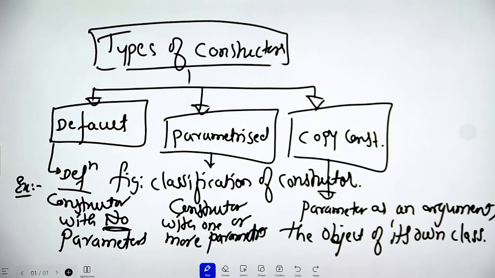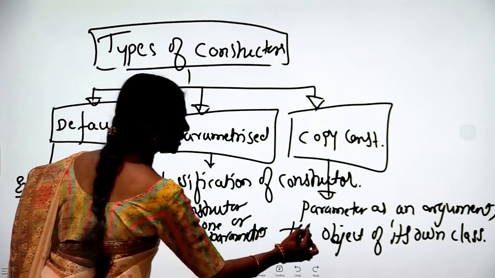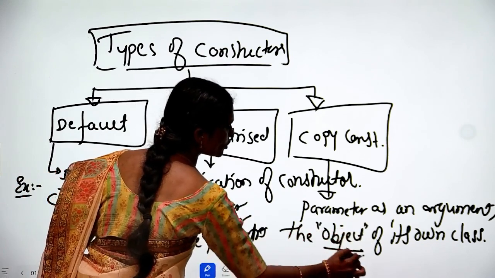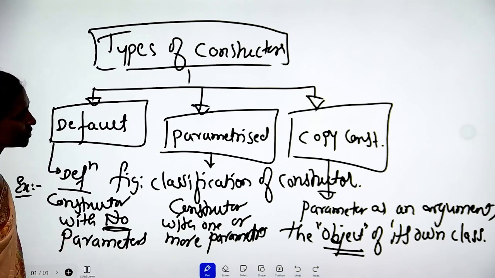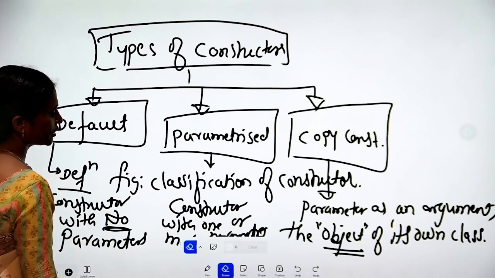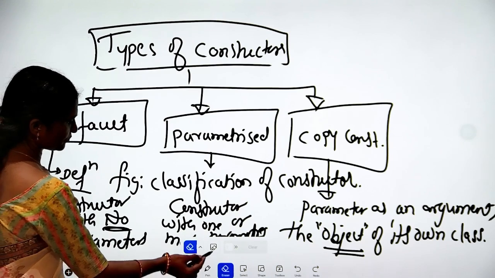The constructor which takes the object of its own class as an argument is called the copy constructor. What is that argument? The object of its own class. That's called the copy constructor. So let's take one by one: how the default constructor will work, how the parameterized constructor will work, and how the copy constructor will work, with the syntax.